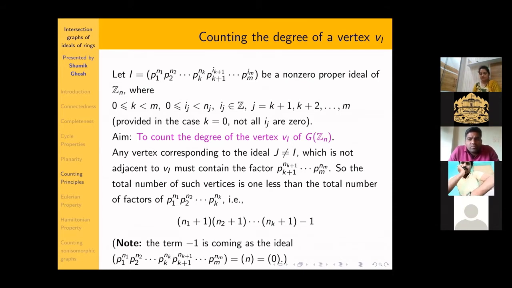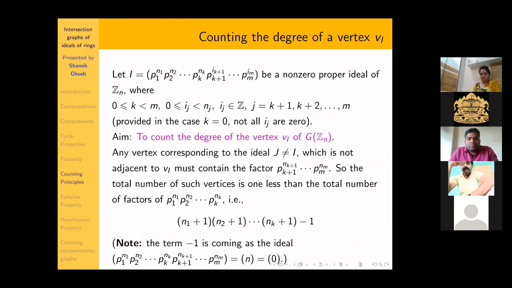So again, the same kind of counting. This part is fixed, so the only part we can vary is 0 to n1, 0 to n2, up to 0 to nk. So the total number is (n1 + 1) up to (nk + 1). And the minus 1 comes when all of them reach the full value, that is n1, n2, up to nk, then it is the zero ideal.